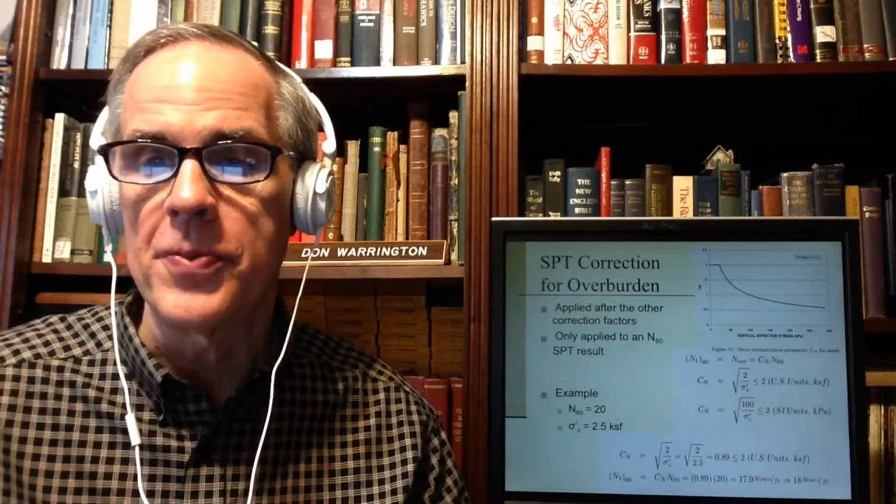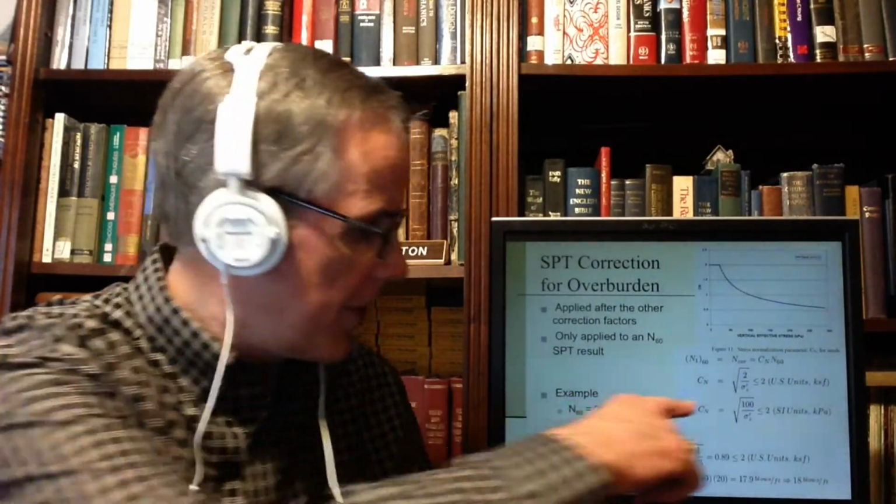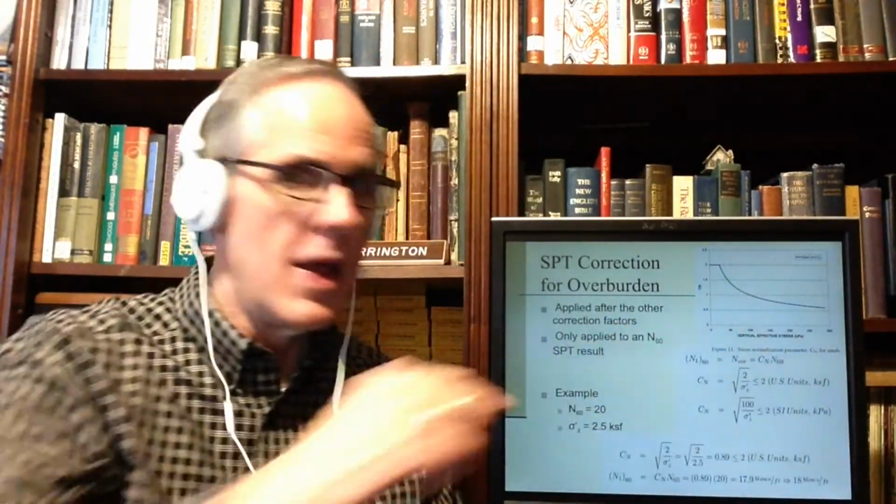But in any event, basically the way this works is that the 2 in KSF and the 100 in the KPA units, the ones over here on the right, are the atmospheric pressure. The 2 is the atmospheric pressure in KSF; it's actually 2116 PSF, and the 100 is the atmospheric pressure in KPA approximately.